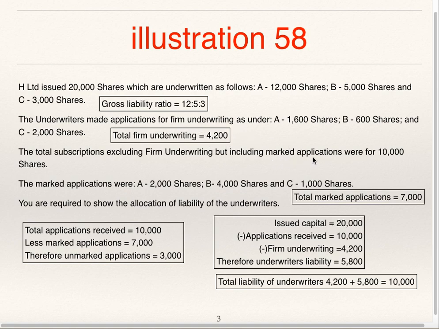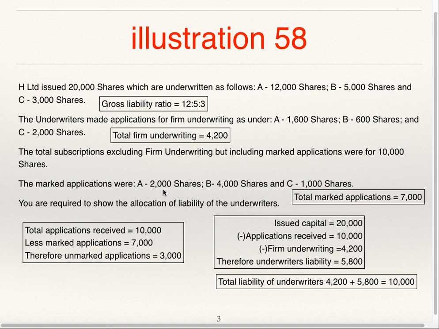Marked applications are those applications which bear the stamp of underwriters, and unmarked applications are those applications which do not bear the stamp of underwriters. Total number of applications received are 10,000.